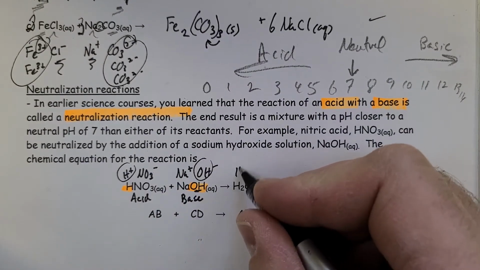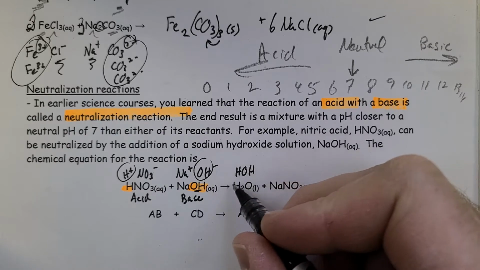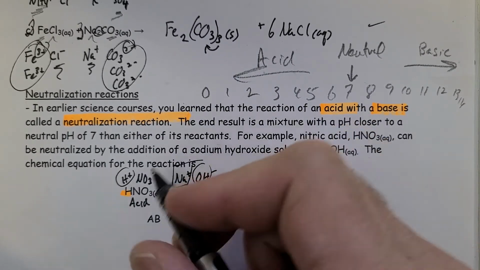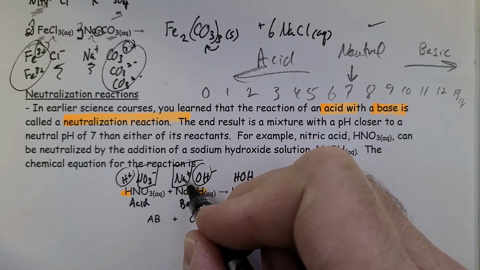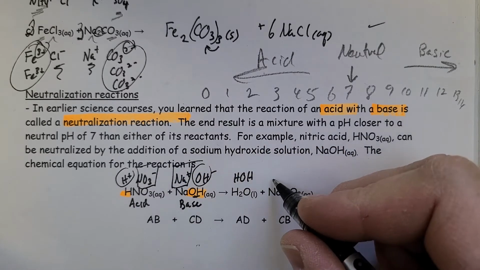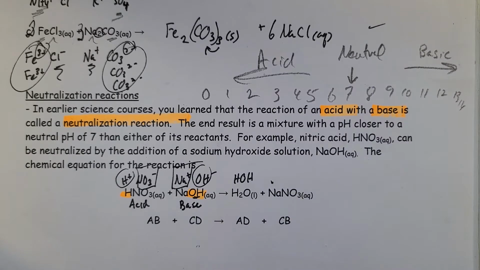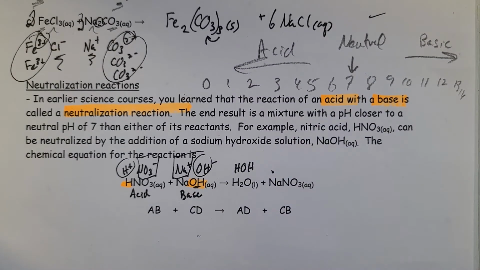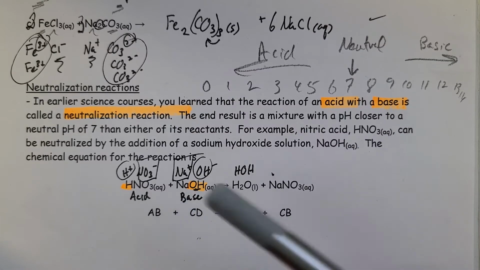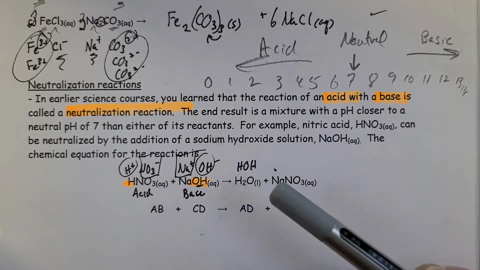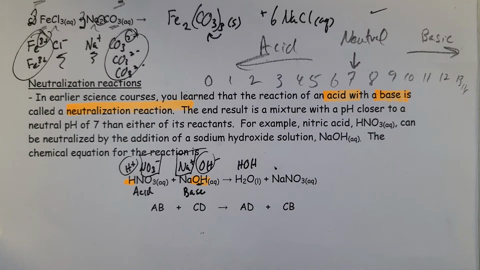Now, quite often we could just represent water as that, showing the H and the OH combined together. And then sodium nitrate. Again, positive ion first, negative ion second. So then we have our sodium nitrate over there. And all of these are aqueous, so dissolved in water. Water itself is not dissolved in itself, so you simply call it L for liquid.